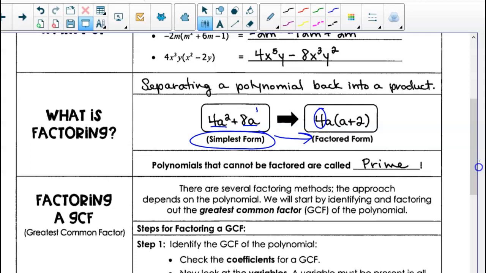Because I cannot take 2 a's out of both of these terms, since this one only has 1, I can only divide 1 a from both of these terms. So that is part of my greatest common factor, which is why this a is outside. Altogether, my GCF is 4a.